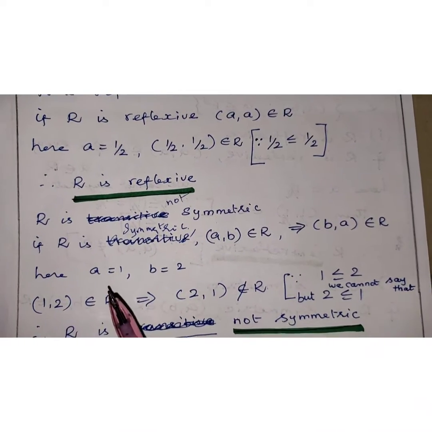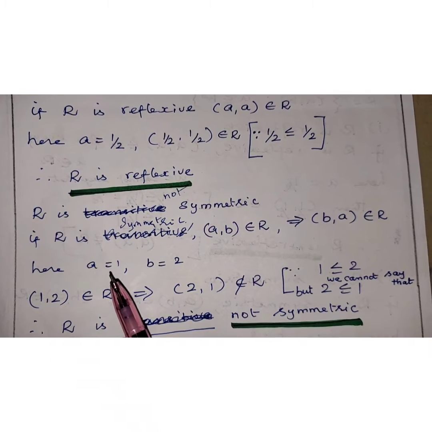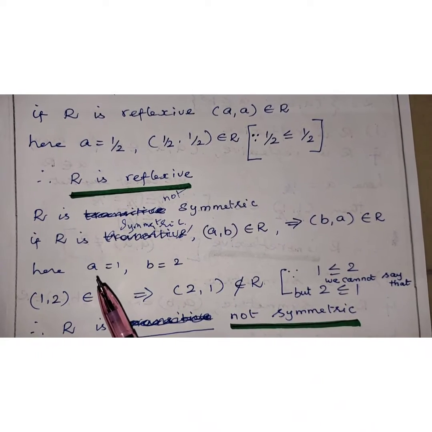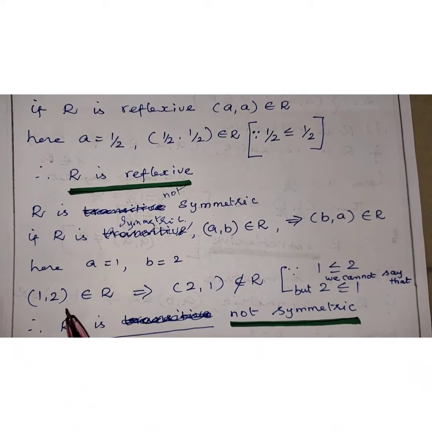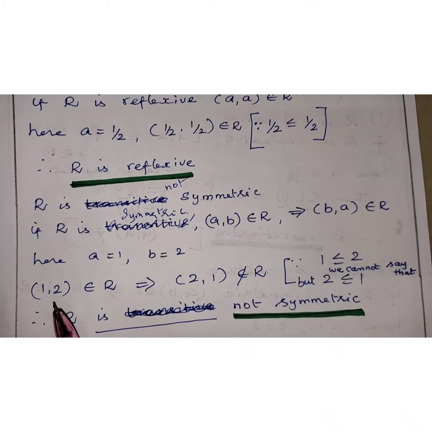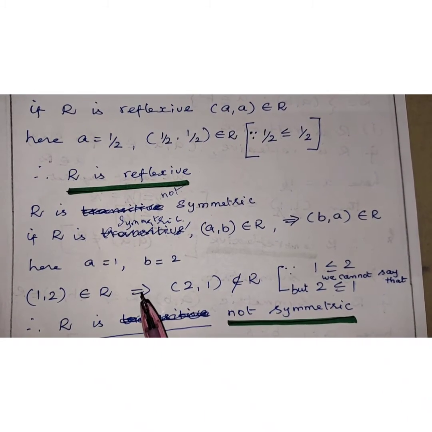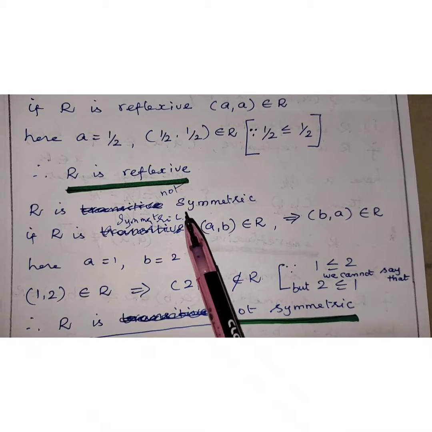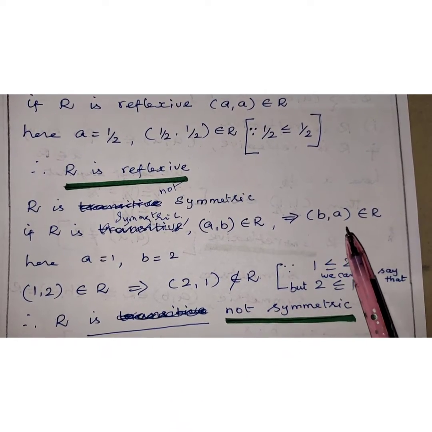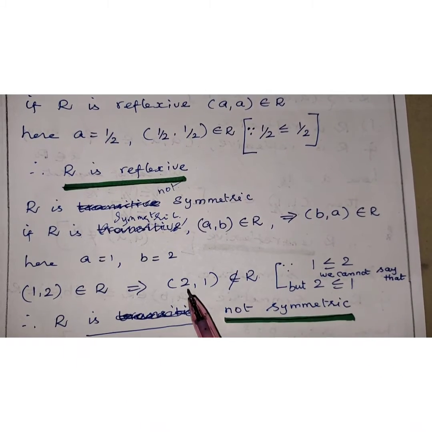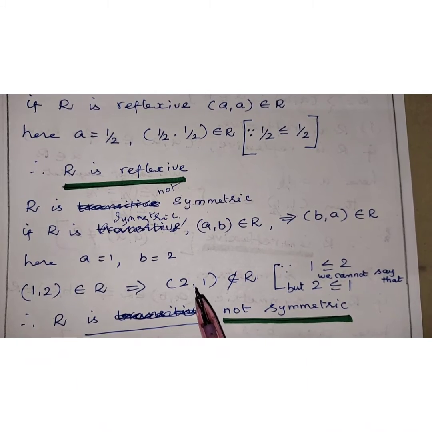Here we take any elements from the real numbers, capital R. Let a equal to 1 and b equal to 2. So the pair (1, 2) belongs to R. Now to prove R is not symmetric, we need to show that the second condition, (2, 1), does not belong to R. Is it belonging to R?